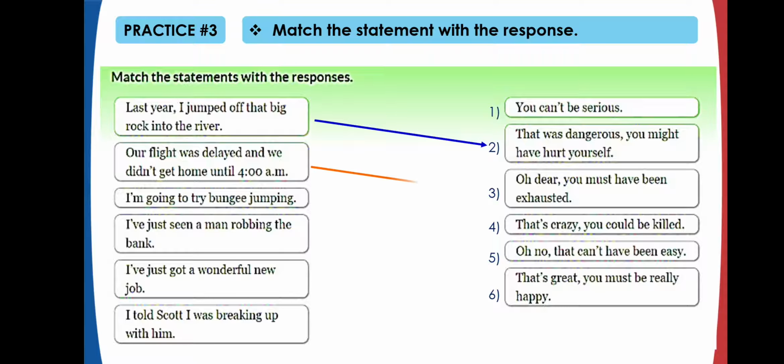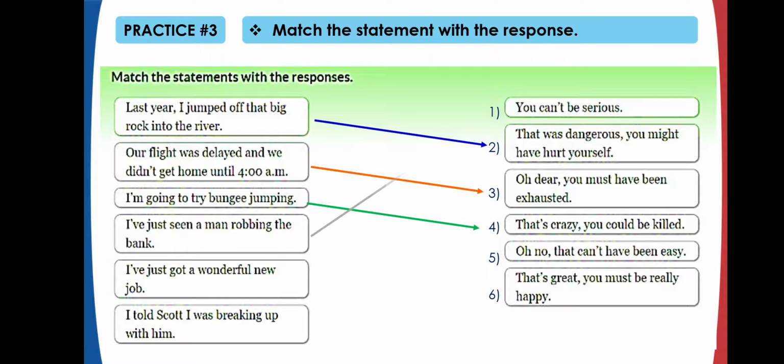Okay, number 3, let's see here. Our flight was late and we didn't get home until 4 a.m. Oh dear, you must have been exhausted. The next one. I'm going to try bungee jumping. That's crazy, you could be killed.